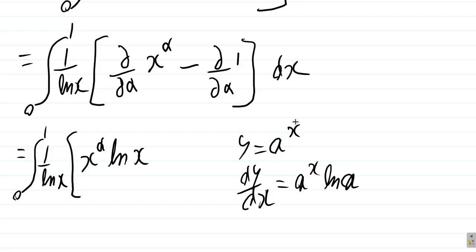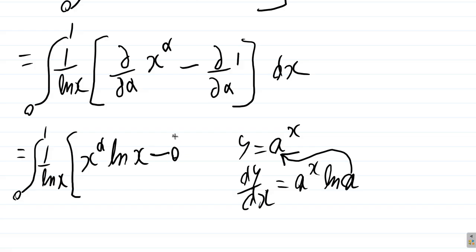So y equal a to the x, dy by dx is a to the x ln a. So differentiating with respect to alpha is going to be x to the alpha ln x. Alright? Minus, when you differentiate 1 with respect to alpha, what do you get?